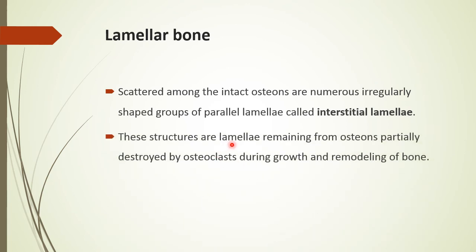What are interstitial lamellae? They are lamellae that remain after destruction of the osteons or Haversian systems by the osteoclasts during growth and remodeling of bone. They are lamellae remaining from osteons that are partially destroyed by osteoclasts during growth and remodeling of bone.